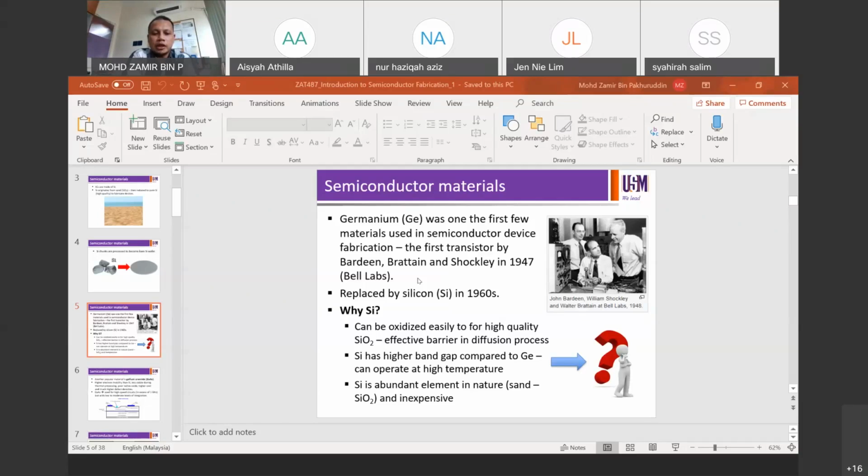Then the second reason, silicon has a higher band gap compared to germanium. Do you still remember silicon's band gap versus germanium's band gap? What's the magic number for silicon? Nabila, what's the band gap of silicon?